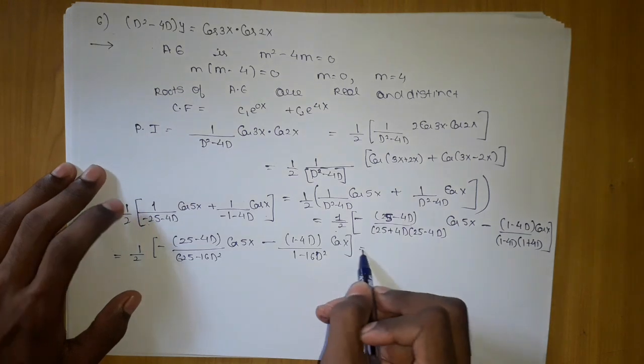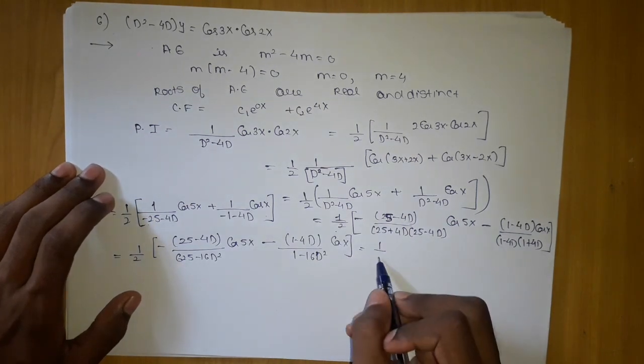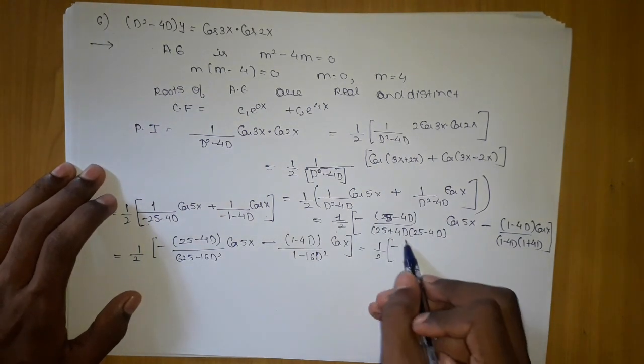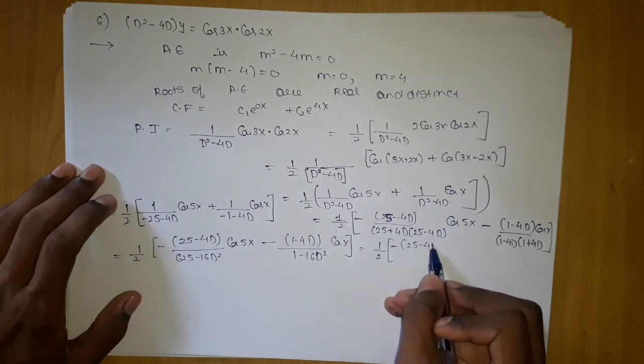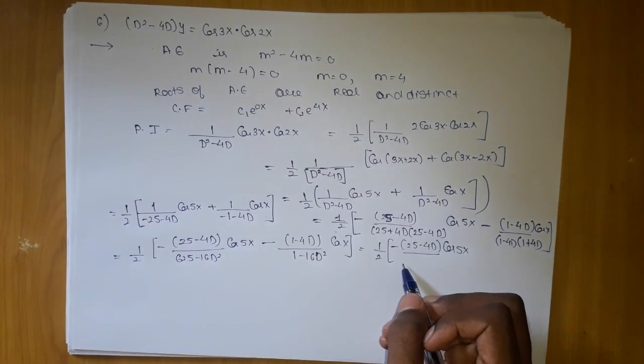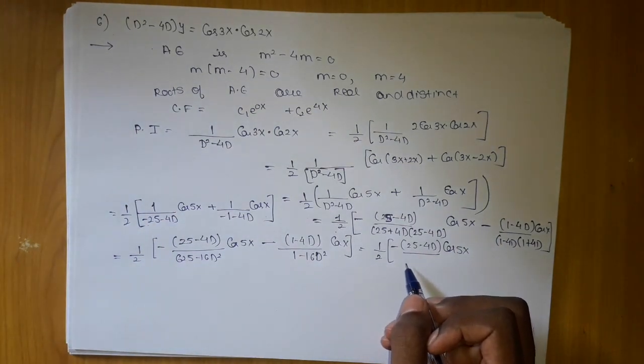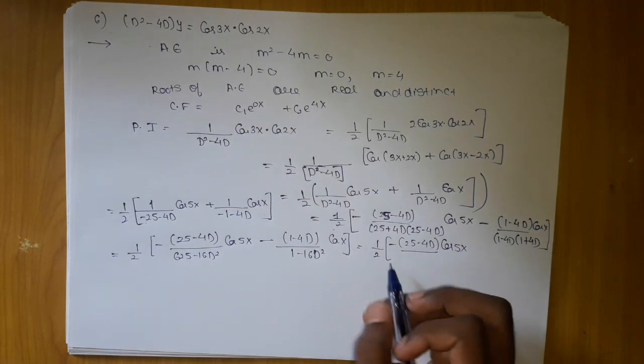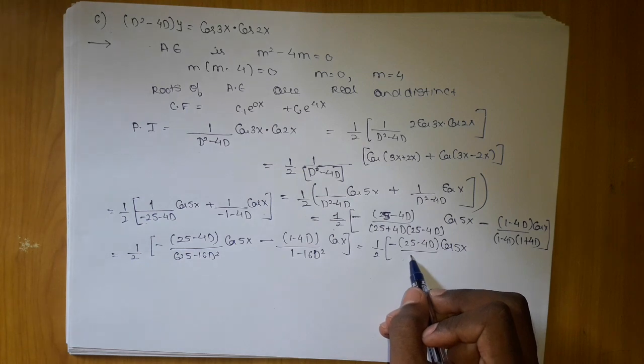The moment you substitute the values, replace d square by its value, 25 minus 4d into cos 5x upon 16 into 25, you are going to get something like 1025 on addition.